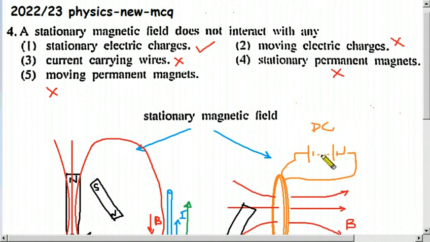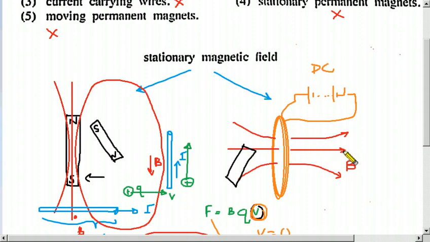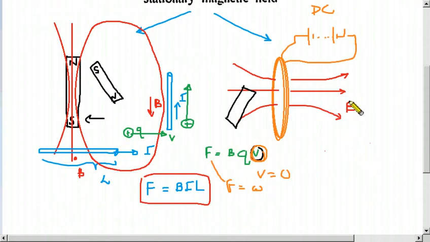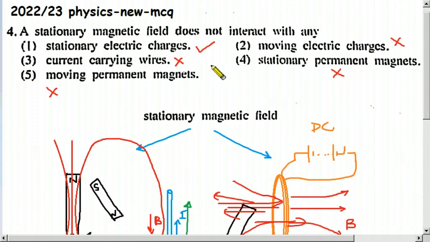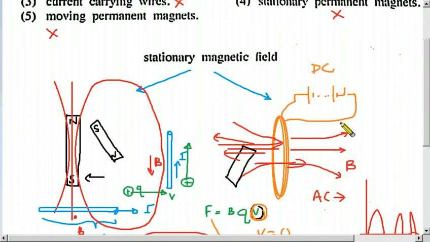If you supply AC, it will not work because the B changes. If you use AC current, what happens? The B changes like this, positive, negative, like that. Therefore it is not valid for this question. What they say is stationary magnetic field, so it can't change like that.